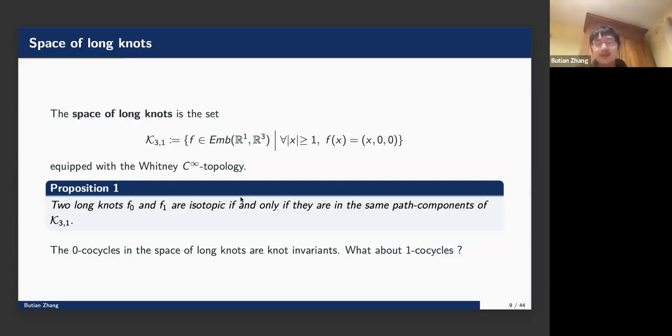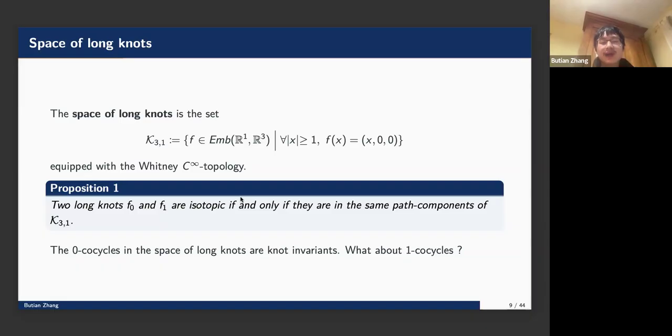And it turns out that under this topology, the path components of this space K through 1 coincide with the isotopic classes of long knots. So each component of this space corresponds to a long knot type up to isotopy.